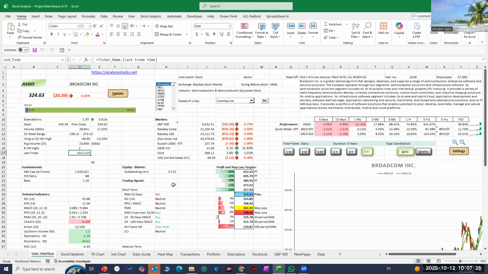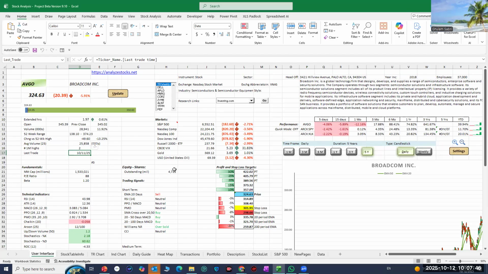It gives some fundamentals, but to go deeper you probably need the research links, like investing.com, Yahoo, Zacks, and MarketWatch. If you press this go button, it will take you to that website so that you can do much deeper research.